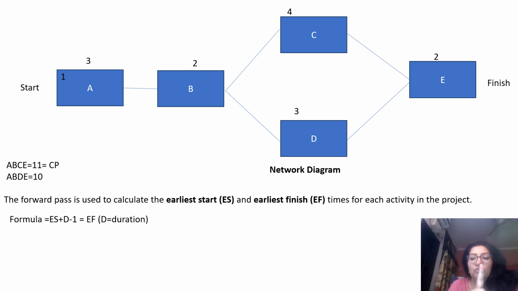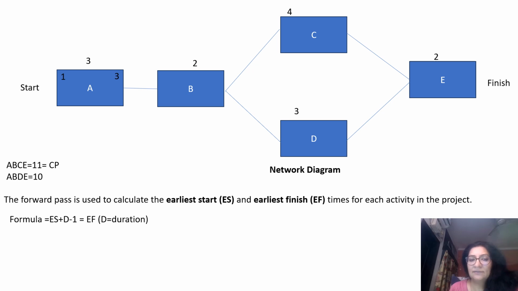It will go through day 1 completely, day 2 and day 3. That means if we go by this formula, early start 1 plus duration 3 is equal to 4, minus 1 is 3. So we have 3 here. So this activity completes on day 3.